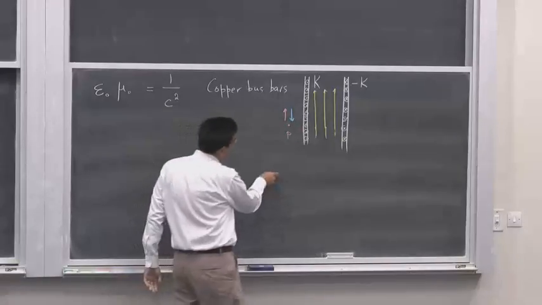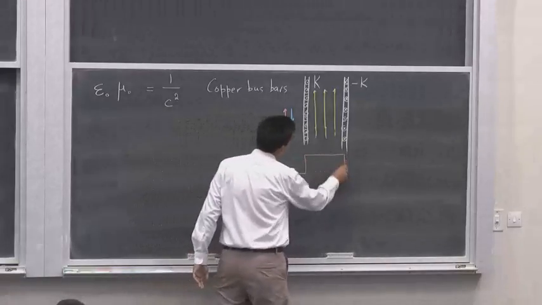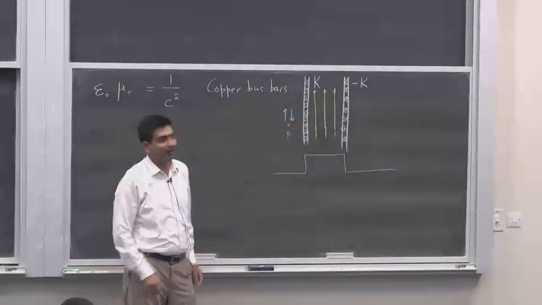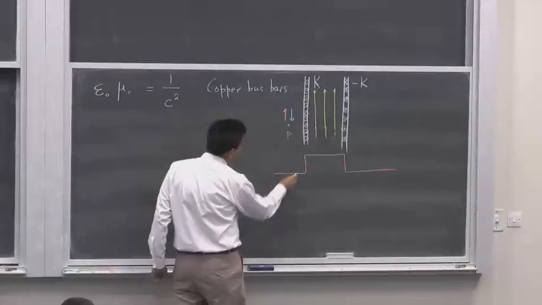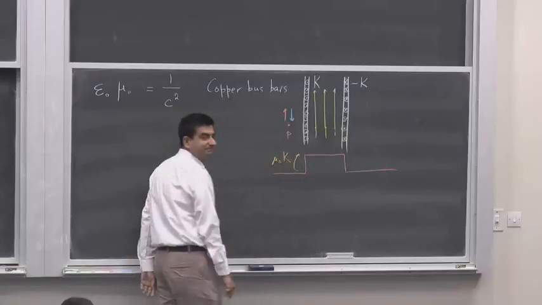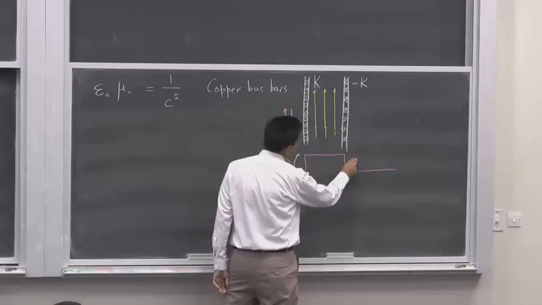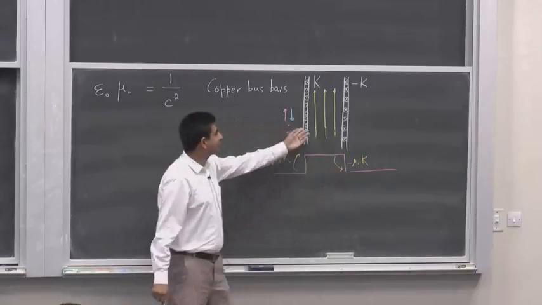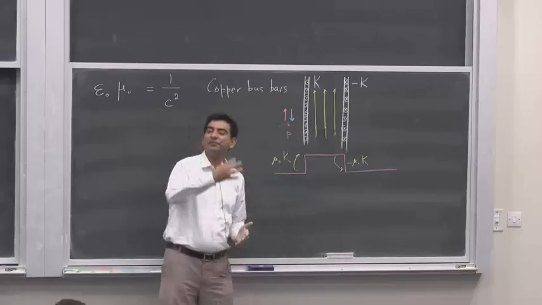And if you were to plot the magnetic field's magnitude in this geometry, it's going to look like this. Here the jump is mu naught K. And here the jump is minus mu naught K. So it's a downward jump. So this current coming out gives you a positive jump.